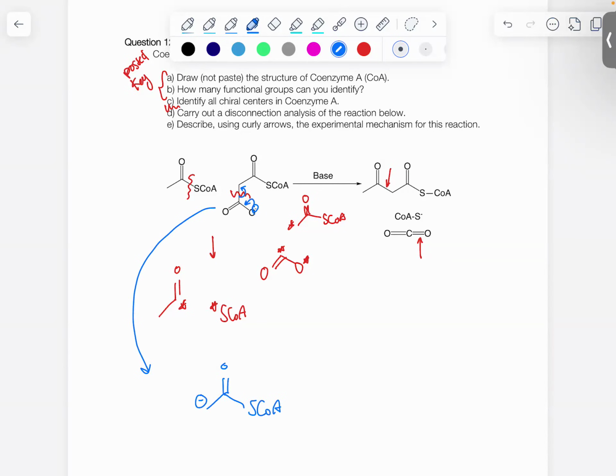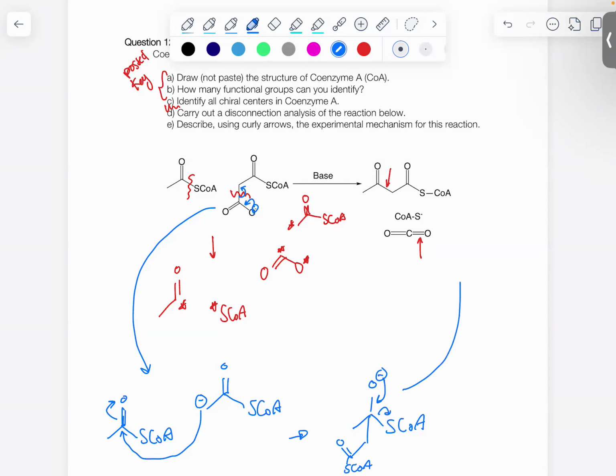So now we have an anion on this carbon, and that can attack our carbonyl here, forming a tetrahedral intermediate. And then with the collapse of that, we will lose the other S-CoA and get to our final products.